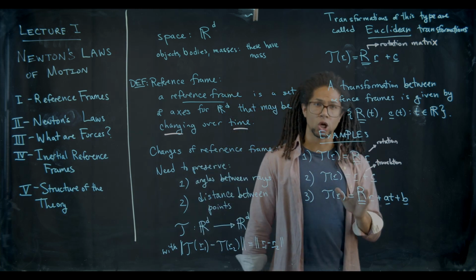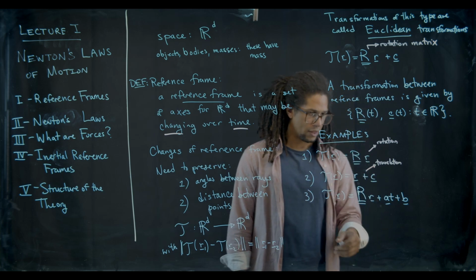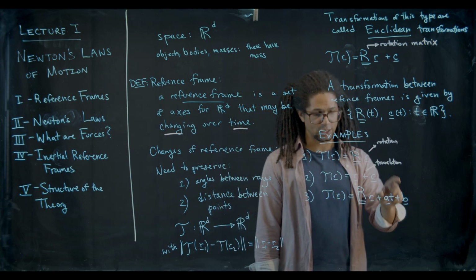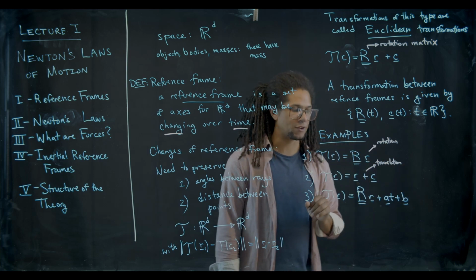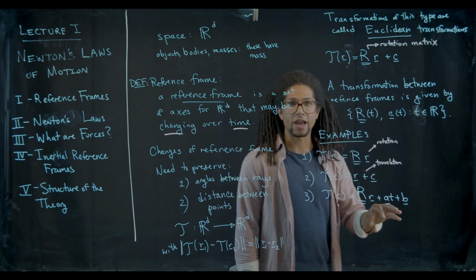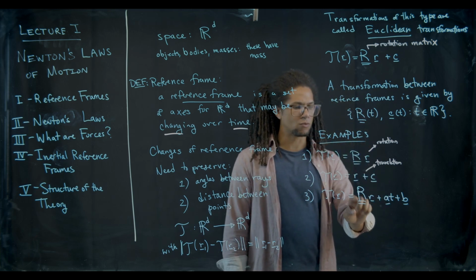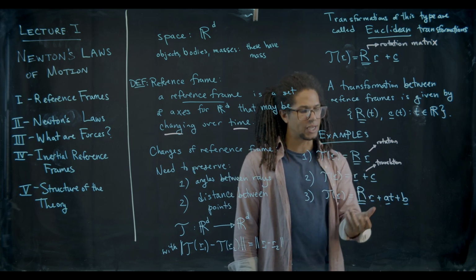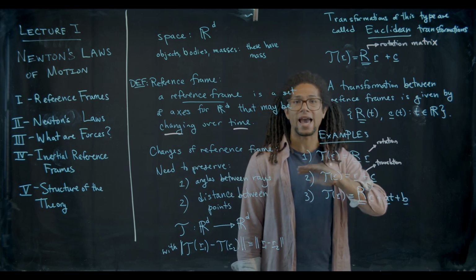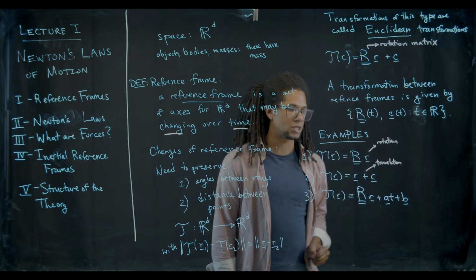Now, you can show, and it doesn't take too much to do so, that what this represents is a reference frame moving with respect to the original reference frame. And it's moving at a constant speed. Now, ignore the rotation for a second. Just imagine that this is the identity for a moment, because this only represents changing the axis, or changing the rotation of the axes before we do this translation.